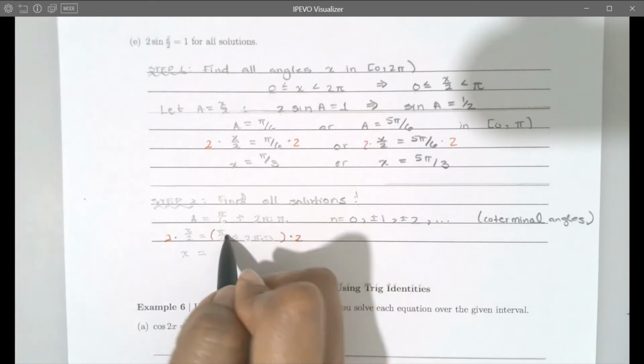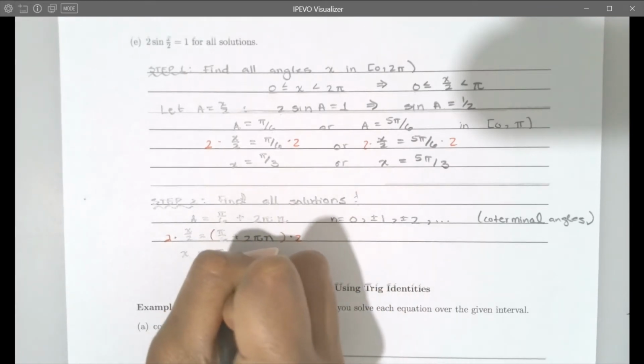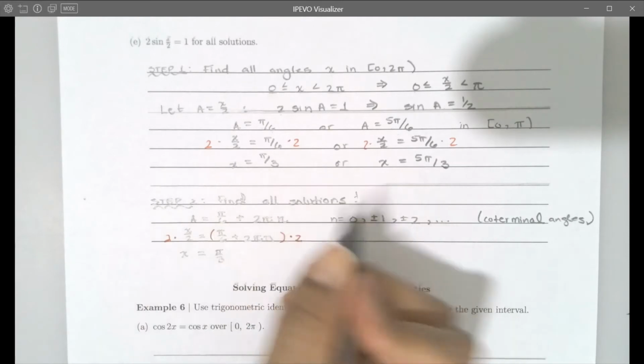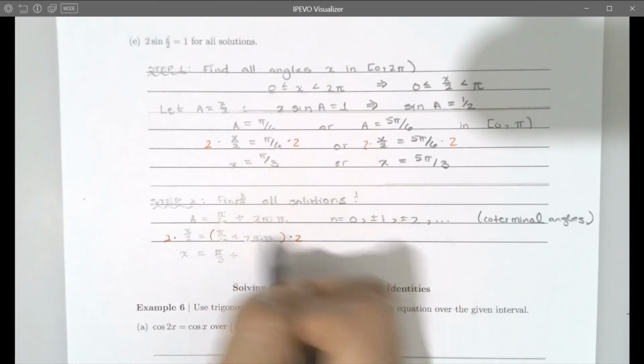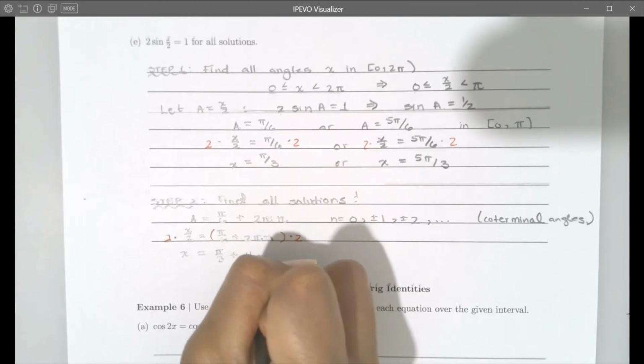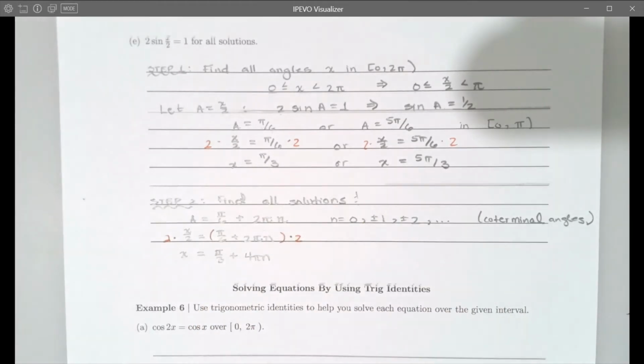So 2 times pi over 6 will give us pi over 3, just like what we had here. And then plus, take the 2, distribute to the second term. 2 times 2 pi n will give us 4 pi n. And that's one solution for x that will solve the equation.